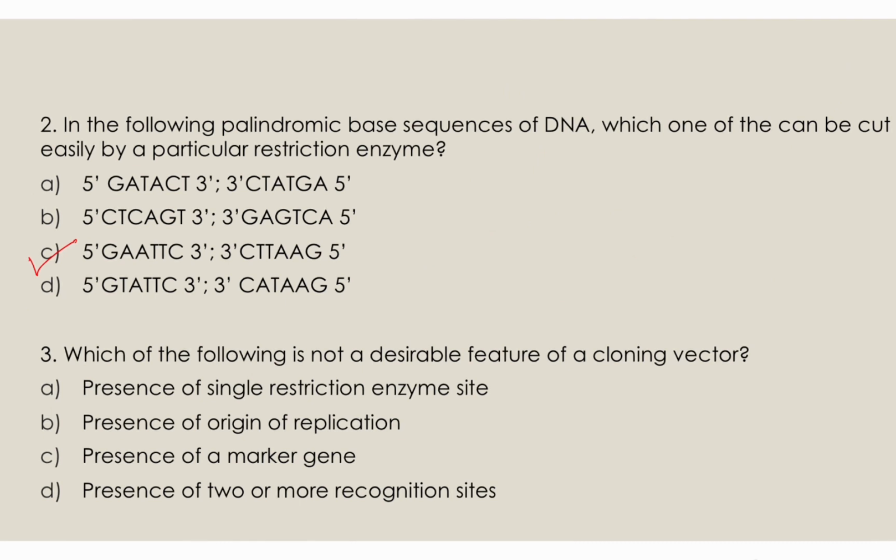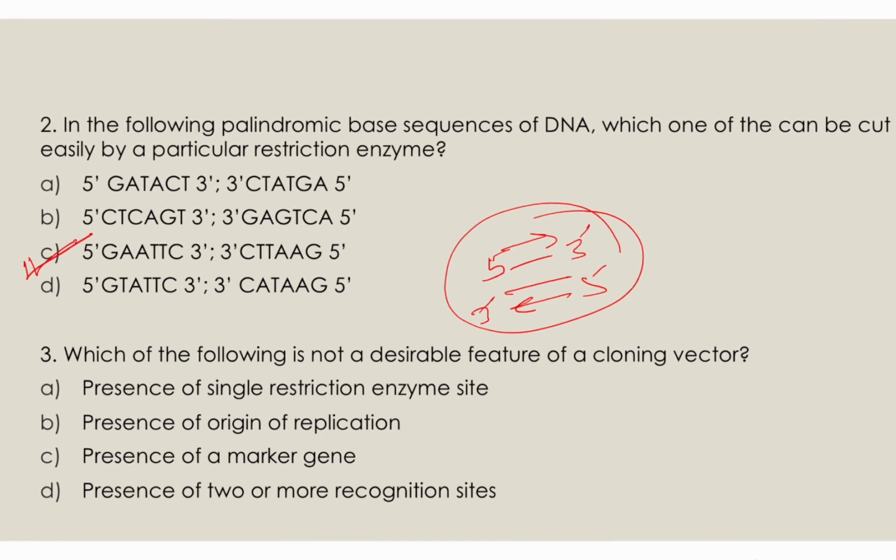A palindromic sequence is a DNA sequence of base pairs that reads the same on the two strands when the orientation of reading is kept the same, like from 5' to 3', then 3' to 5'. From here to here the orientation will be the same. So option C is the only palindromic sequence. So this is correct. Restriction enzymes cut only at palindromic sites.